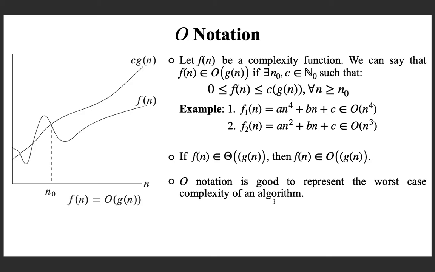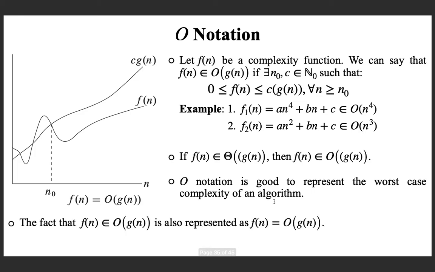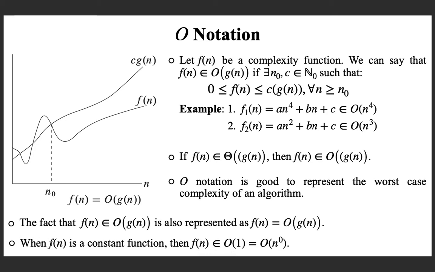If you recall, the selection sort in the worst case requires n square time, and in the best case it requires linear time, order of n. And some others say f of n is same as order of g of n rather than saying this. And when f of n is a constant, here again it is order of 1.